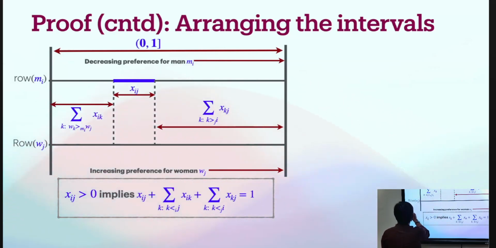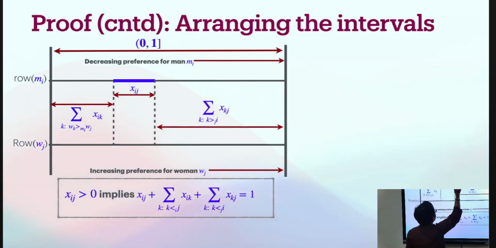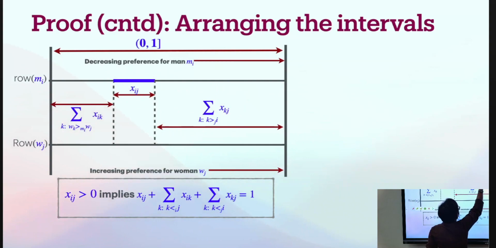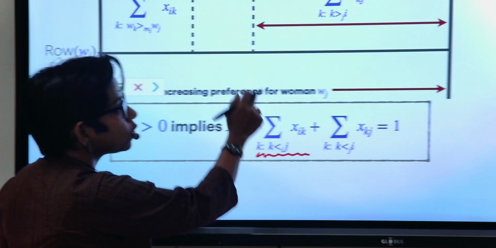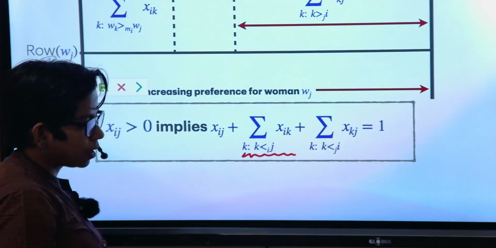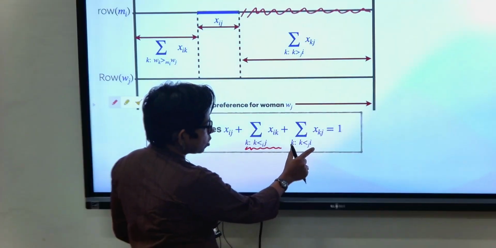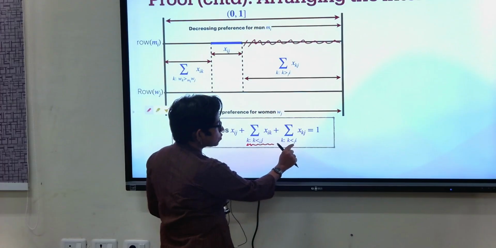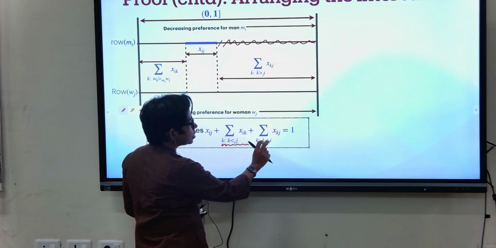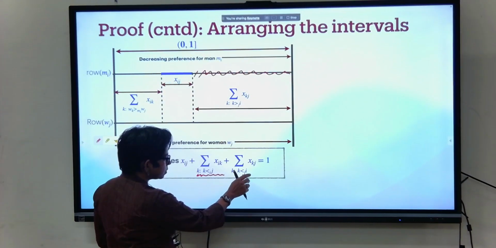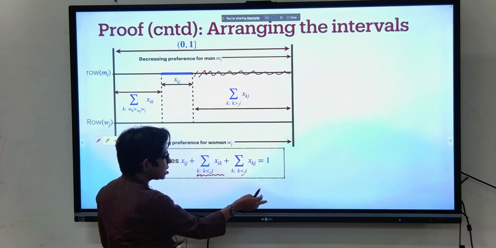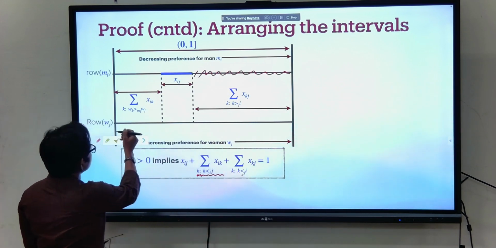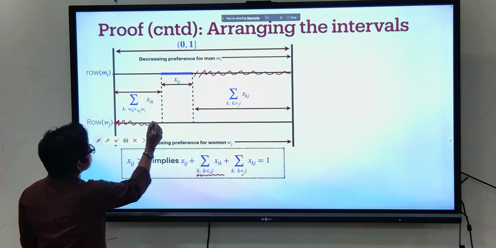They are these people, right? This quantity corresponds to this squiggly line, right? What is this quantity? These are all those men, sorry, men that j likes less than i. So, they are these things.